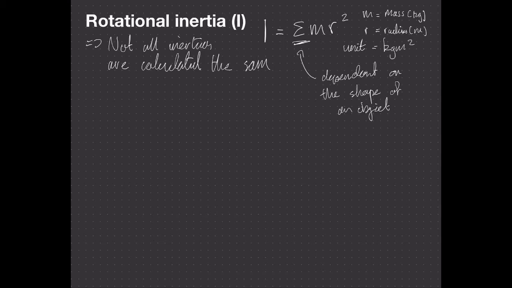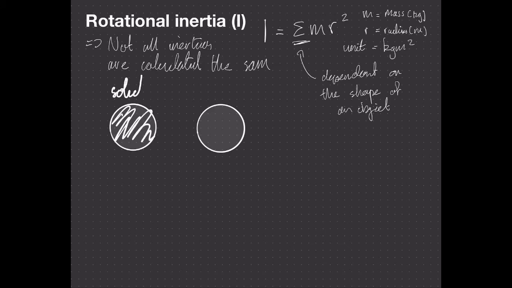Okay, so we're going to talk through two examples here with a solid sphere and a hollow sphere. So if I draw two circles real quick. Okay, and I'm just going to color this in a little bit to differentiate my solid sphere. And I have my solid sphere.